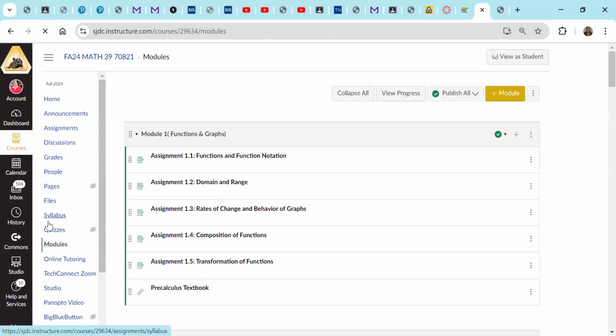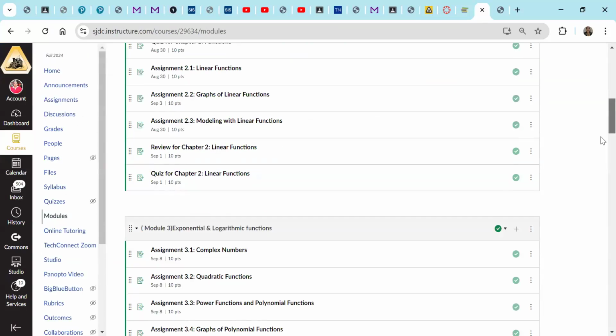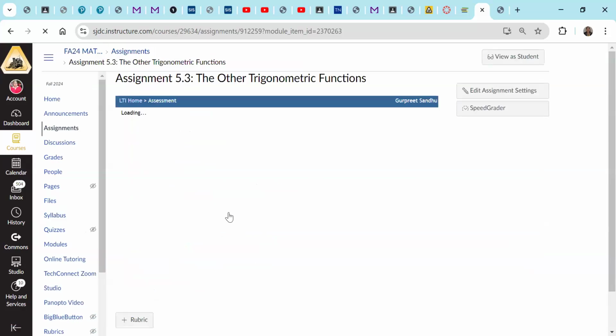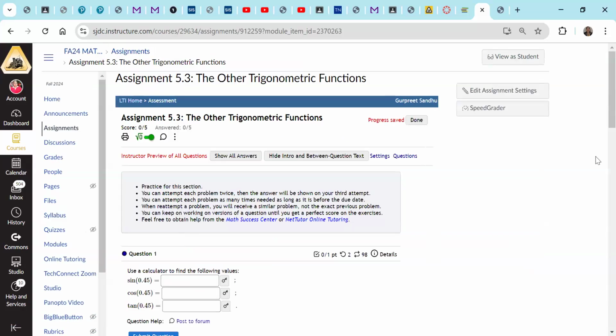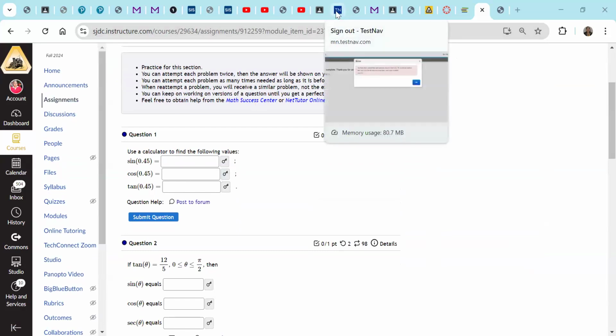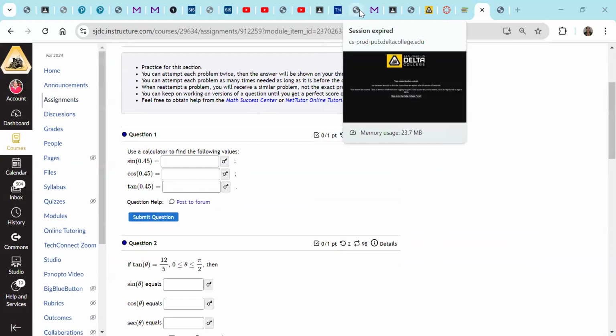As we go in section 5.3, the other trig functions, you will see sine 0.45, cos 0.45, and tangent 0.45. These few are based off of the calculator. I'm going to be sharing the calculator screen on the top to calculate with you and let you know what the value is.